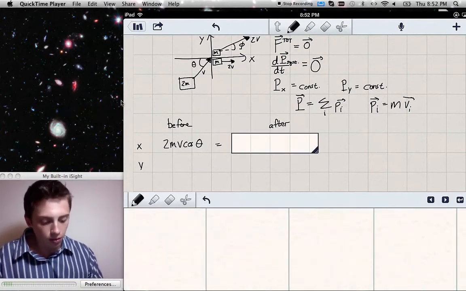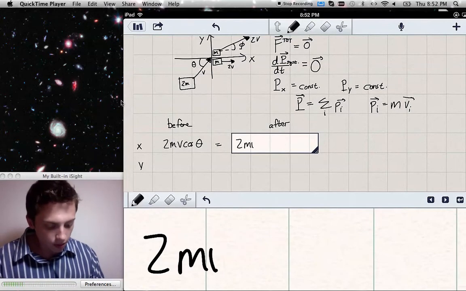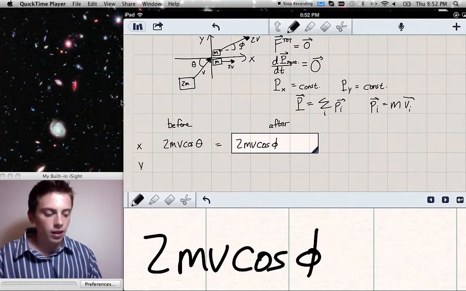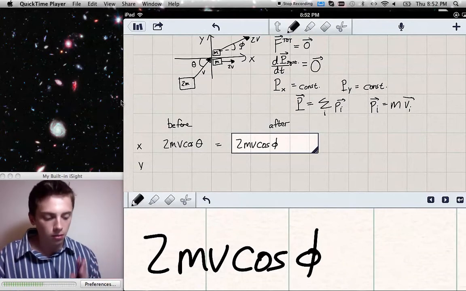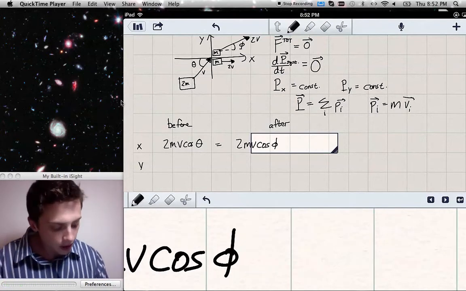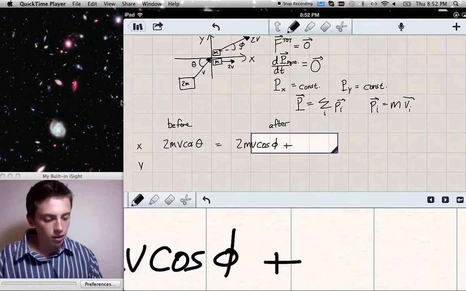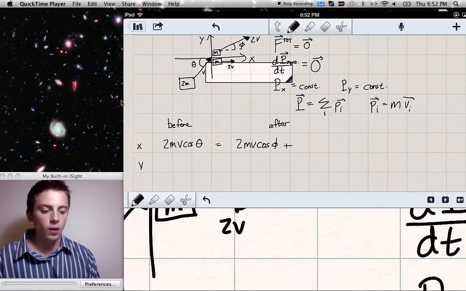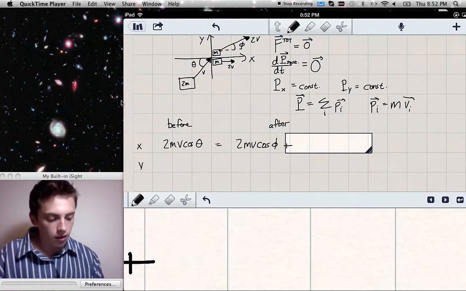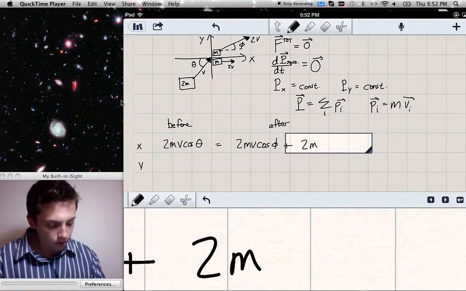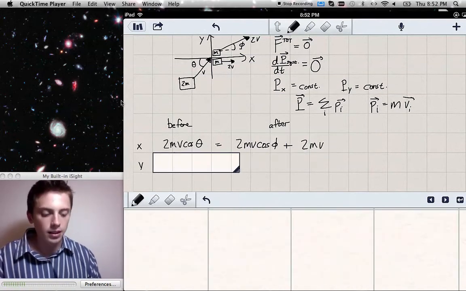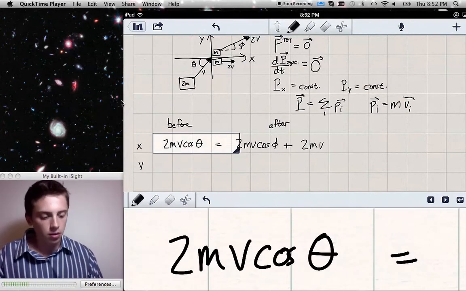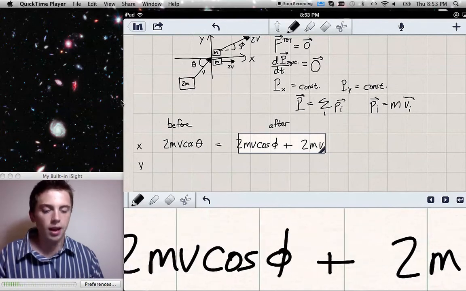I'm going to write the 2 in front, so it says 2mv cosine phi, because I usually like to put the number in front of the letters. Now we sum up the x component of this momentum, which is m times 2v, all in the x direction. So I'm going to write the 2 in front again, and that's the total momentum in the x direction before the collision is equal to the total momentum in the x direction after the collision.